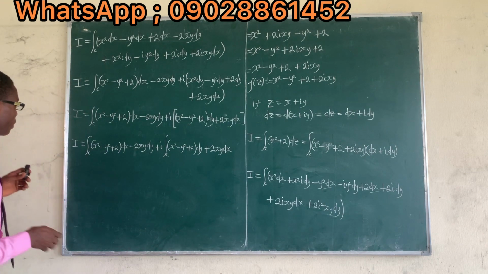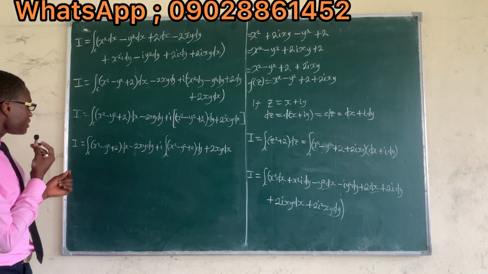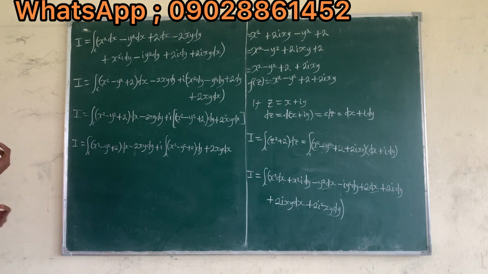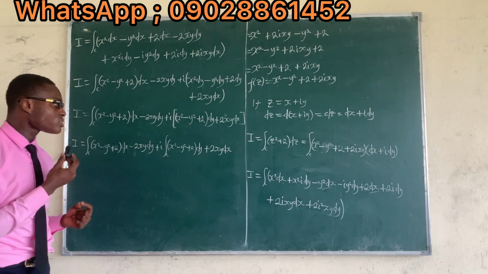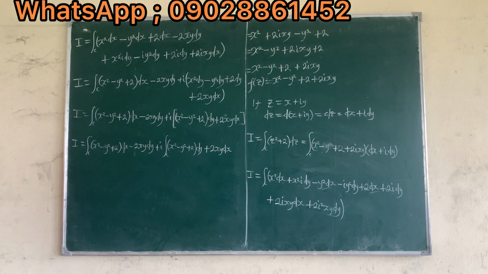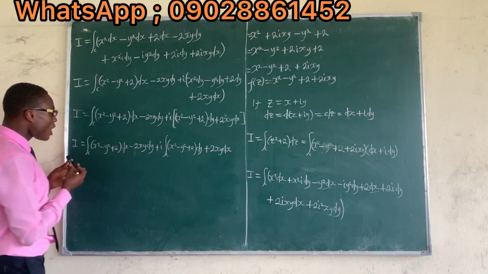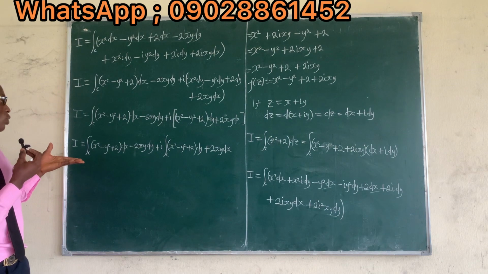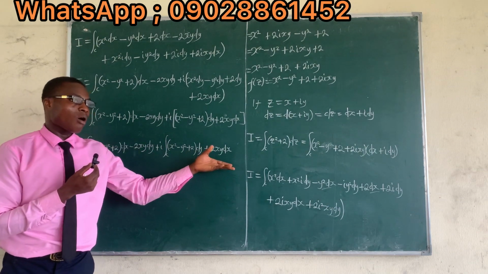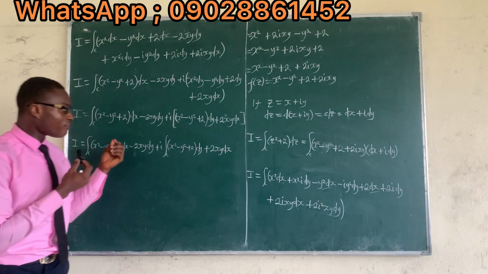Okay, let's continue. If you take note, we cannot integrate this function directly with respect to x and y. It will be giving us problems. So what we are going to do here is see how we can convert it to make sure all the terms are functions of x.